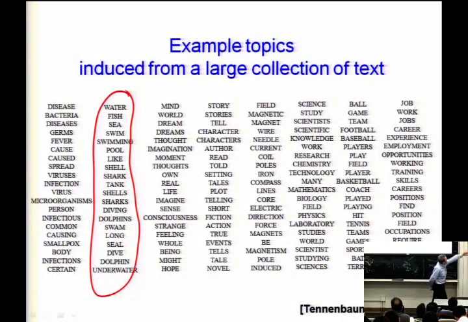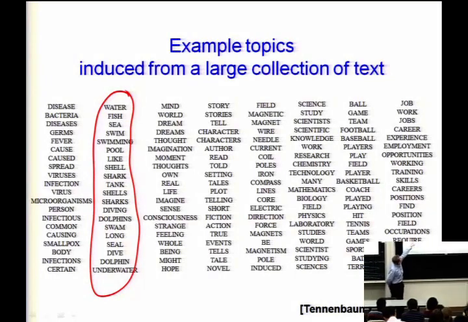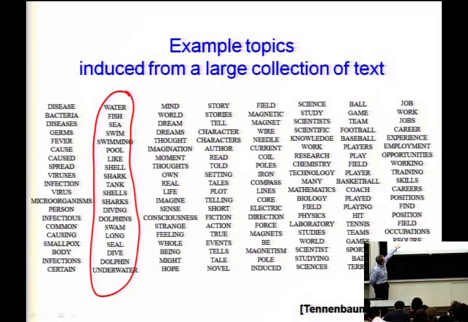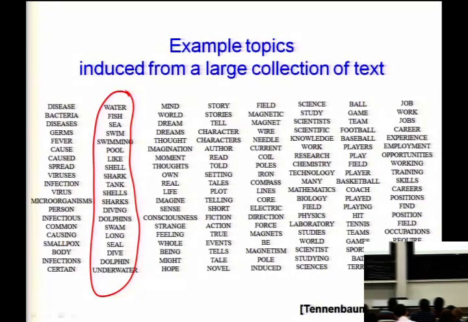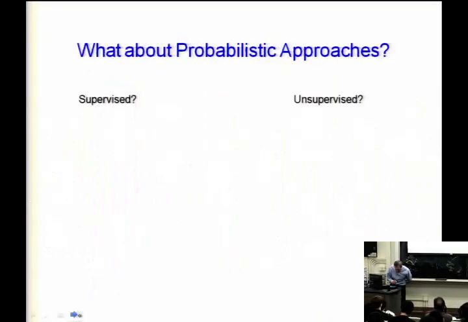So there's a topic, for example, that generates words like these, which seem to have to do with fish and being in the water, as opposed to another topic that's generating words like these and so forth. Okay? So let's look at what that model is.